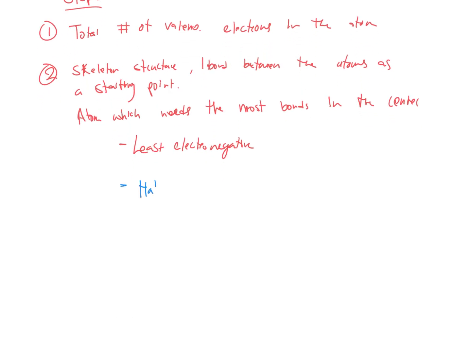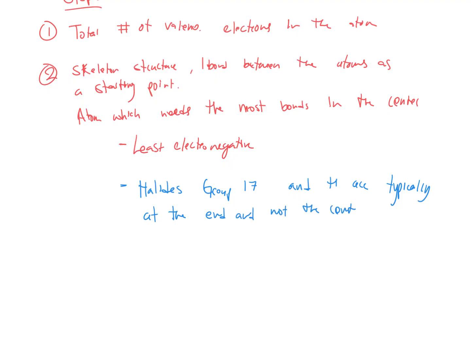Typically, halides, or that would be group 17, and hydrogen are always, or typically, at the ends and not the center. So for these, you should generally always put them outside and not in the middle.